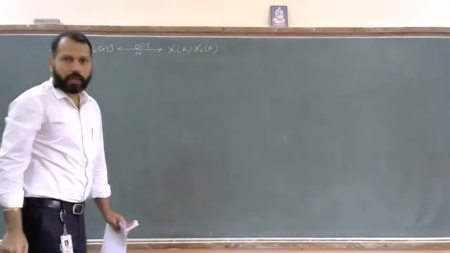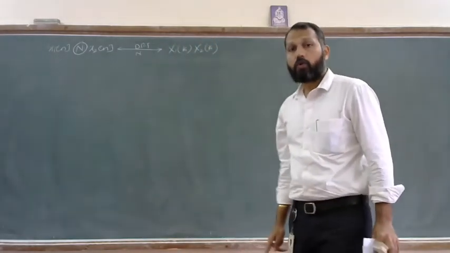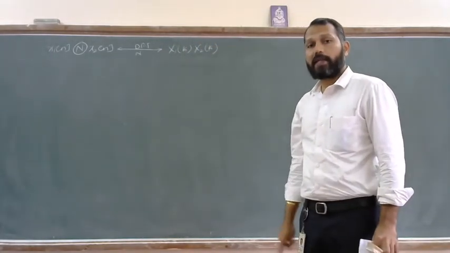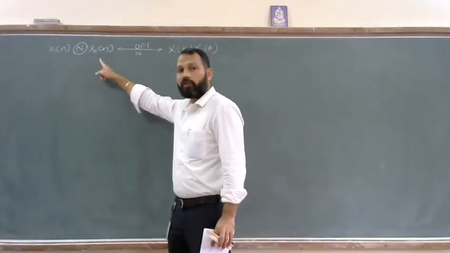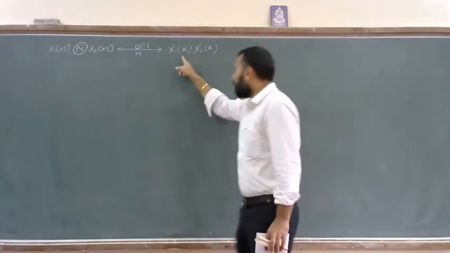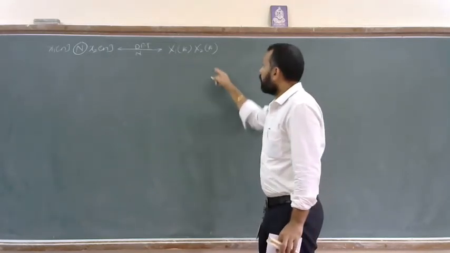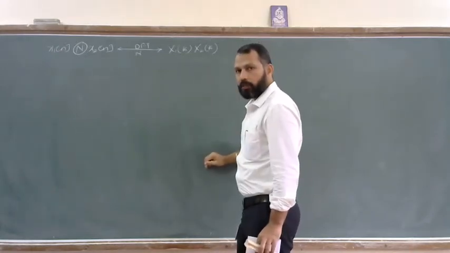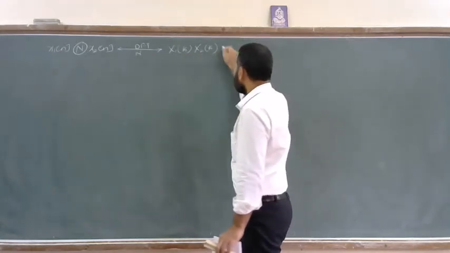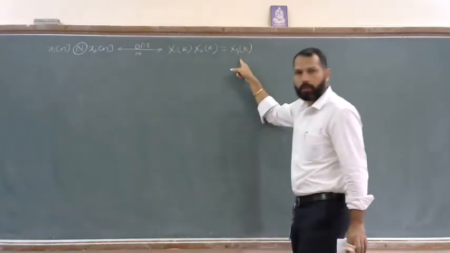If X1 of k is the n-point DFT of the sequence x1 of n, and X2 of k is the n-point DFT of the second sequence x2 of n, if we perform circular convolution between these two sequences, then their respective DFTs will be multiplied. While deriving the expression for circular convolution, we name that product X3 of k.